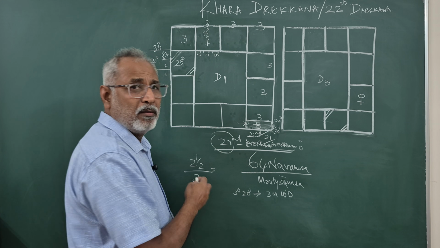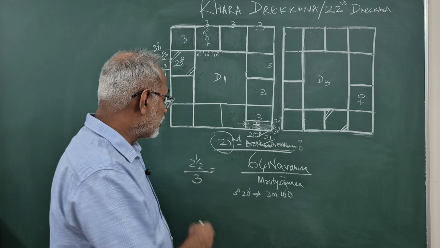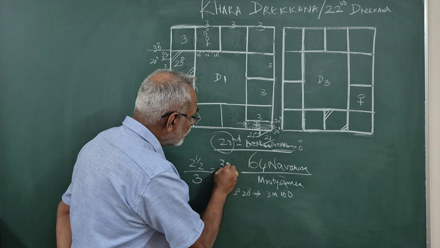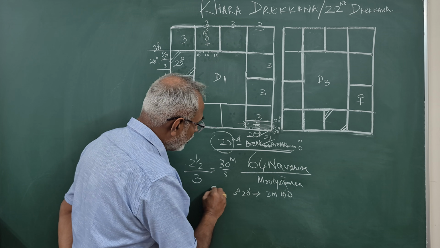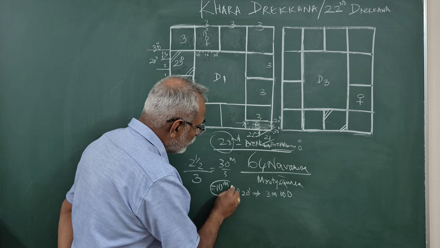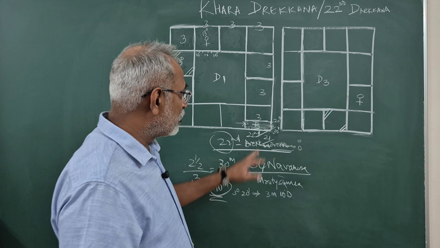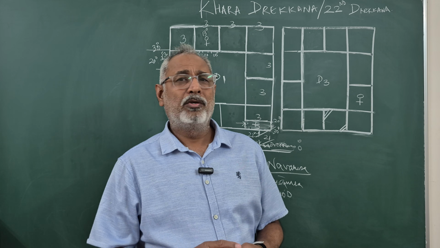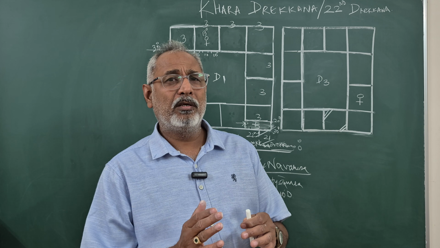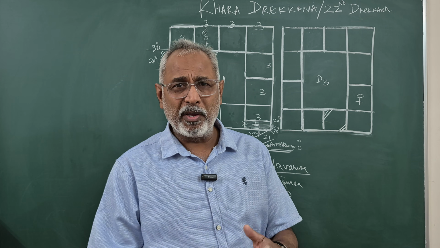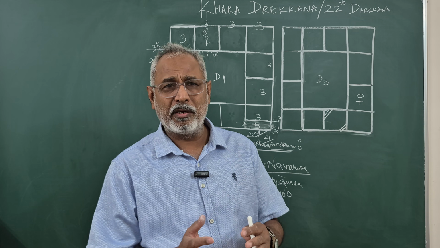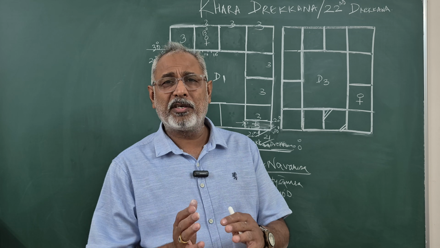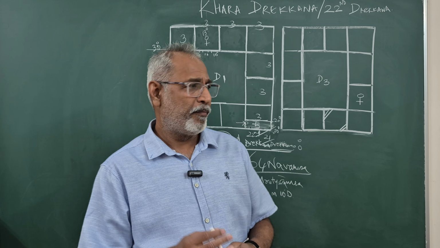So, you get a big number. If 2.5 years is around 30 months, divided by 3 is equal to 10 months. So 10 months of Saturn transit over the 22nd Drakana is to be considered a tough period. So it's as good as a year, and we need to be cautiously safe in this period.